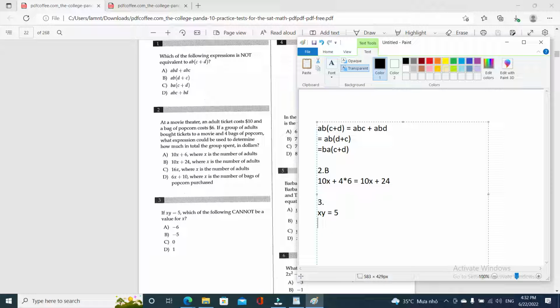That means if you plug x into the equation x times y equals 5, the equality will not be satisfied. In this case, if x equals 0, then x times y is 0 times y, which is always 0, always different from 5. So the answer should be C.